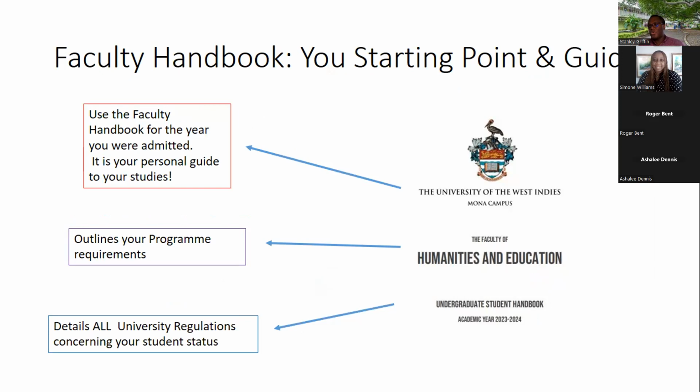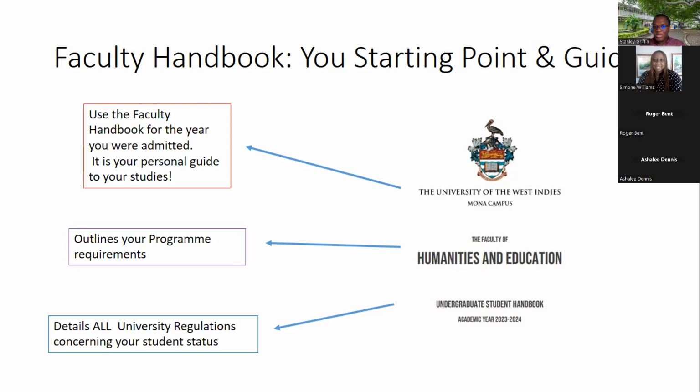All right, so the actual success starts upon your registration, and you have been given the link to your faculty handbook. Your faculty handbook, folks, is your starting point and your guide throughout your entire period of study, whether you're full-time or part-time. It really is your source of inspiration, one could say, source of direction. It really should outline what you are doing in your programs over the period of time that you are with us.